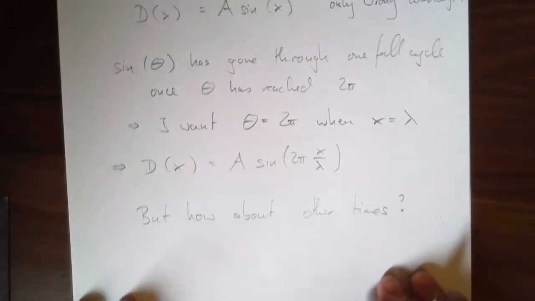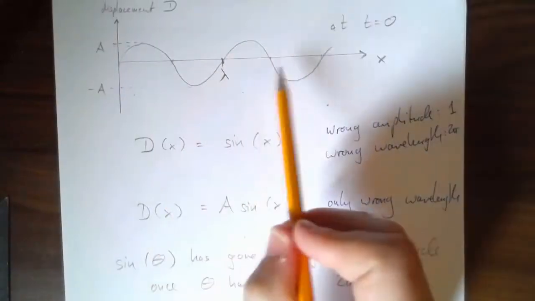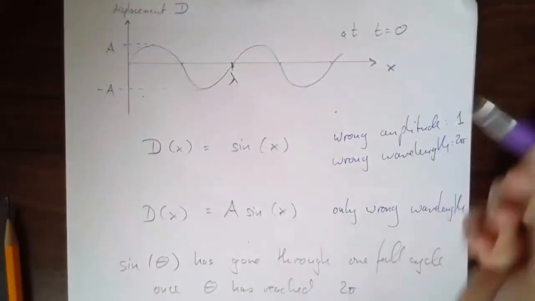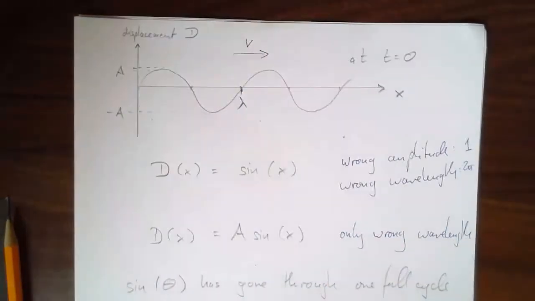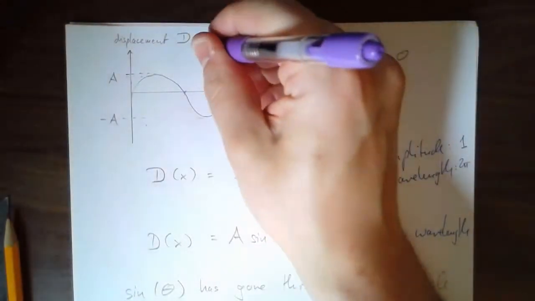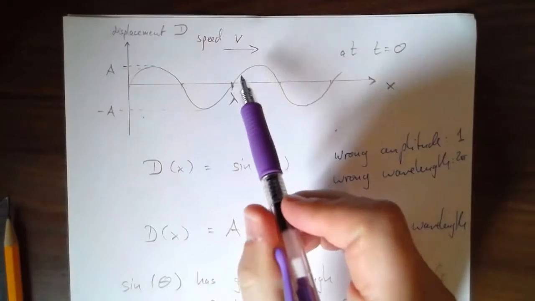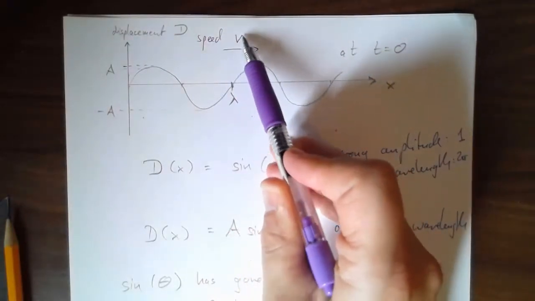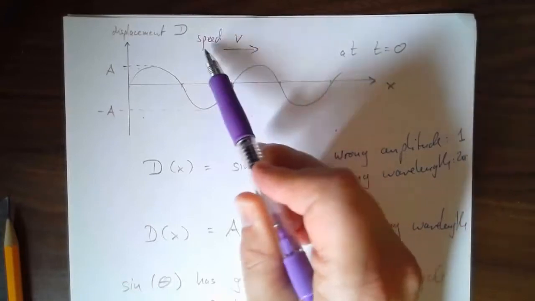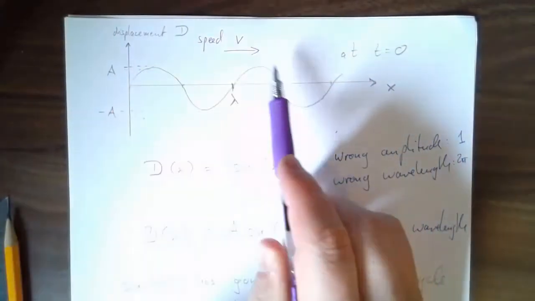Well, here's the upshot. I want to move this wave to the right. It moves to the right with some speed v. So that means at time 2 seconds, it will have moved 2 times the value of the speed over. Change in position is speed times time.